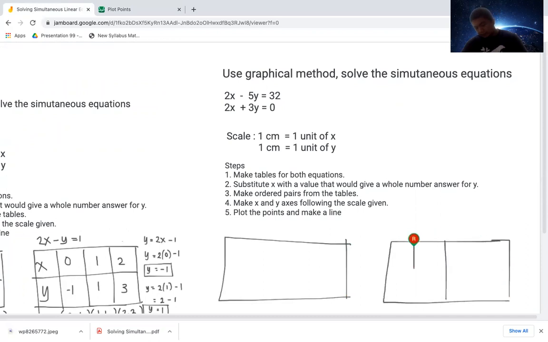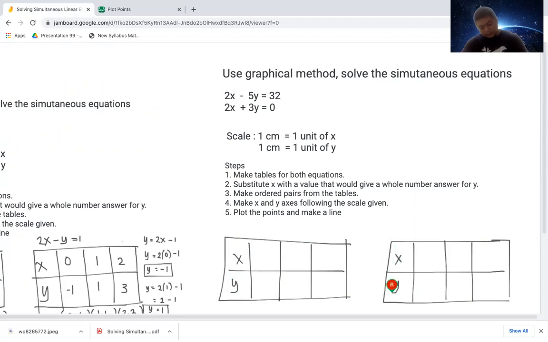Put these particular values: x, y, and then this one is 2x minus 5y is equivalent to 32. Okay, and then the other one is 2x plus 3y is equivalent to 0.